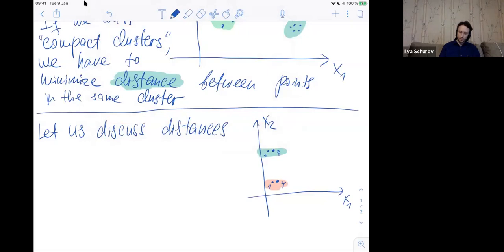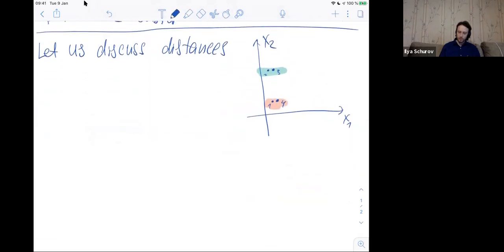Now let me assume that this data are, for example, related to some properties of people and some sounds that they produce, and assume that the x1 axis is age, and initially this age is in centuries.